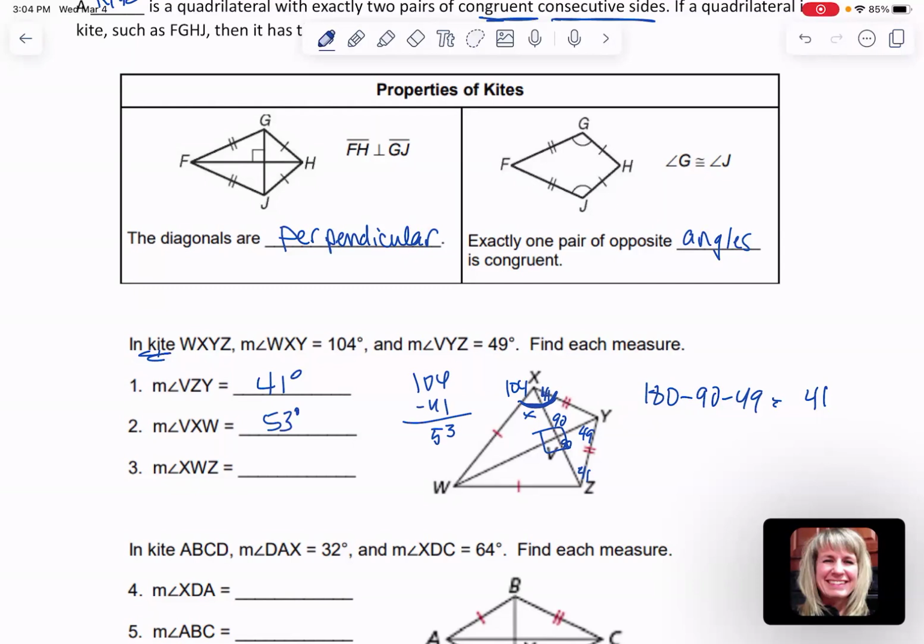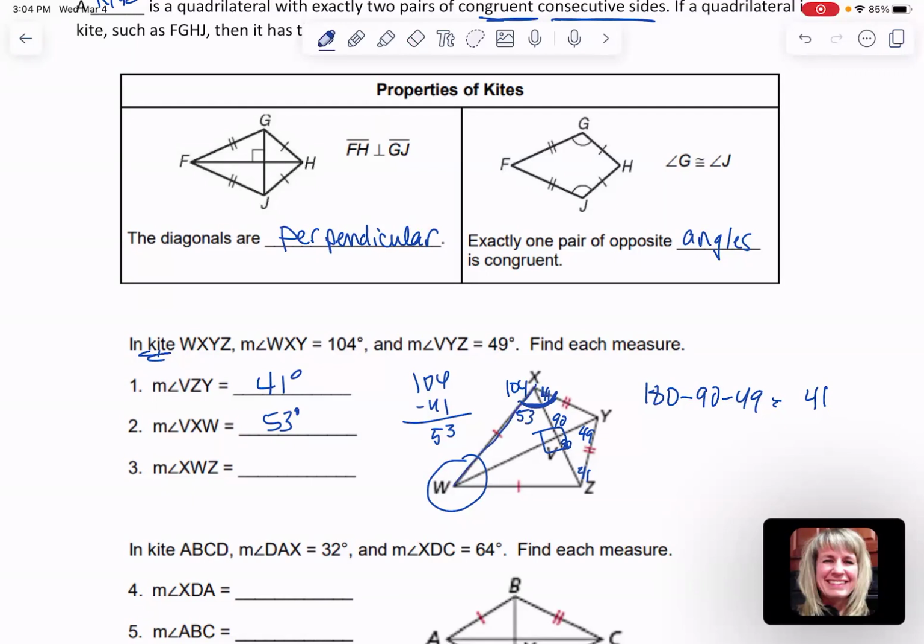And then angle XWZ would be this angle right here. I just figured out that this angle right here was 53 degrees.